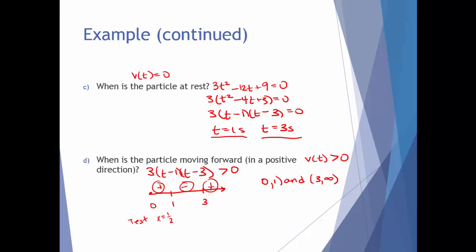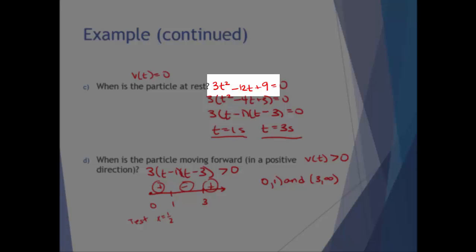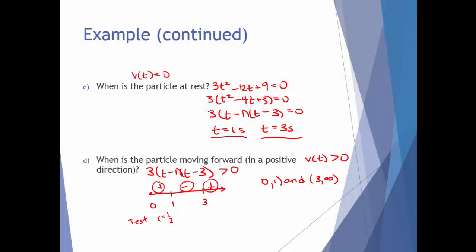So if you plug t equals 0 back into the non-factored form of our velocity, which was 3t squared minus 12t plus 9, at a time of 0, the particle is traveling 9 meters per second. That is a positive velocity, and therefore it is traveling in a positive direction at exactly 0 seconds. So you include the 0 because it is moving at 0. You don't include the 1 and the 3 because at those times your particle is at rest.